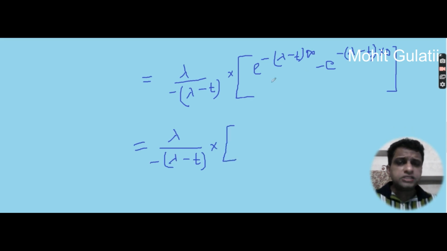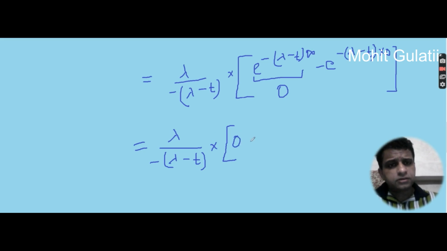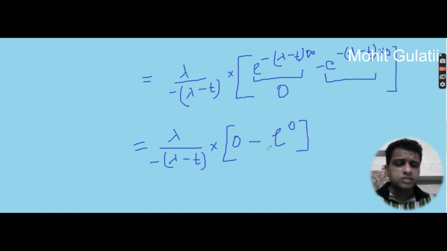Now this expression will become 0 because it has the power negative infinity. When you have power negative infinity, the expression becomes 0, that means e raised to power minus infinity is 0. Here you will have e raised to power 0, because lambda minus t multiplied with 0 is 0, and e raised to power 0 is 1.